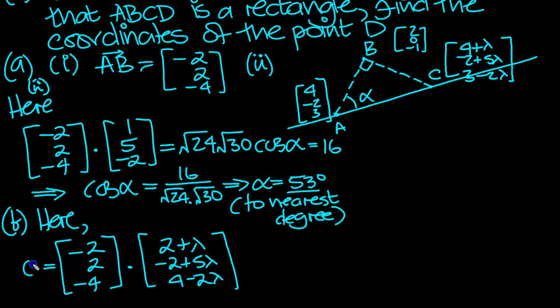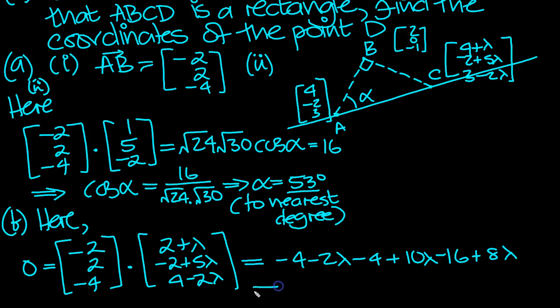And those two directions are perpendicular, so the cosine of the angle is 0. So that equals -2 of these, -4 minus 2 lambda. 2 of these, -4 plus 10 lambda. And -4 of these, -16 plus 8 lambda. So -2, 10 and 8 is 16 lambda on this side, equal to -4, -8, -24 on the other side.